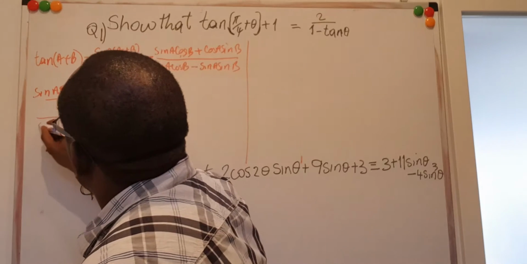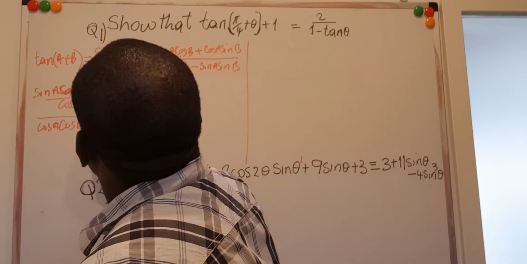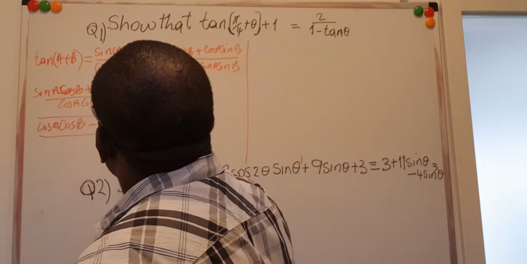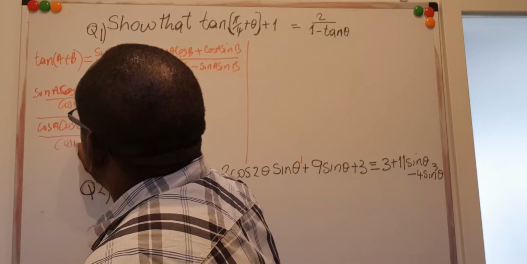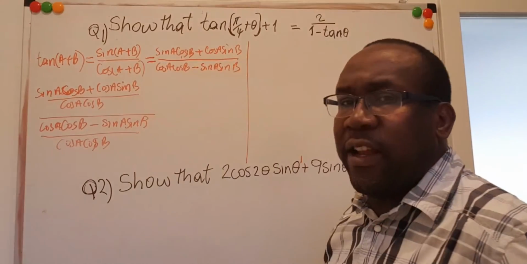The denominator now, cosine A, cosine B, minus sine A, sine B, all that divided by cosine A, cosine B. So this is beautiful. Mathematically, that is fine.